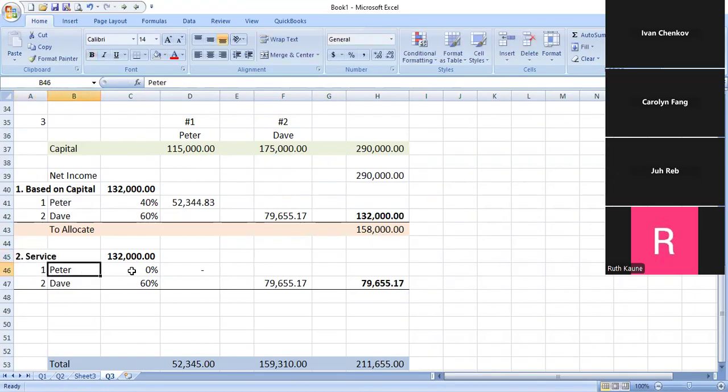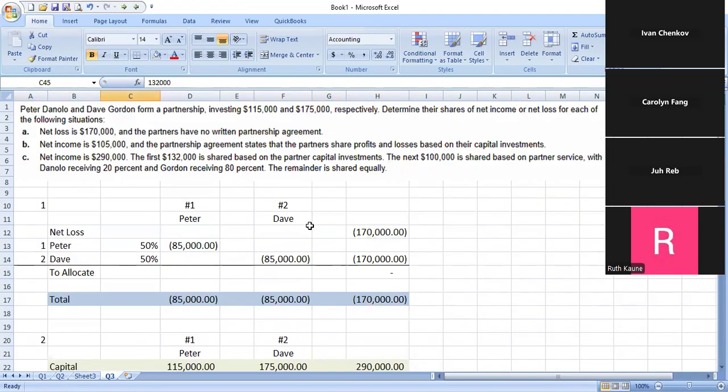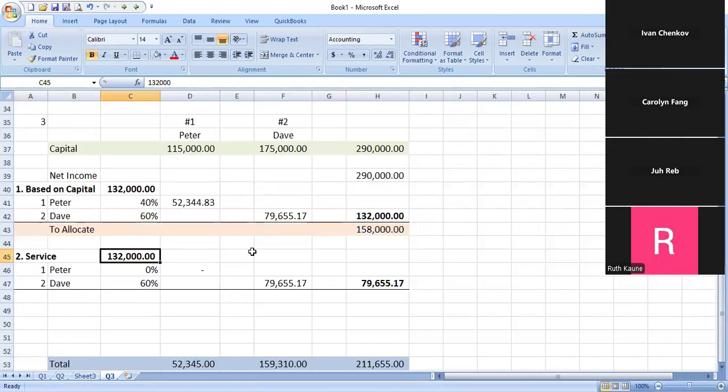We're allocating here 100,000, and we're allocating 20% to Peter and 80% to Mr. Dave. And I'm actually getting the number.